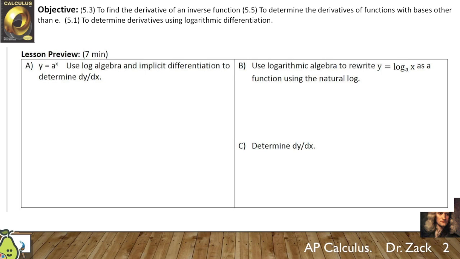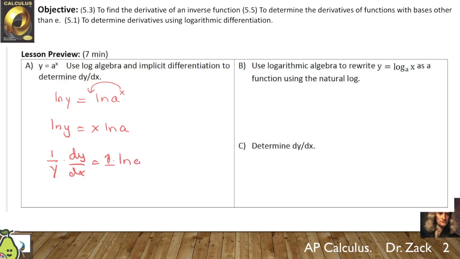For today's lesson preview, you needed to actually log both sides of your expression in order to take that exponent and drop it down in front. Once you did that, you were able to use your implicit differentiation in order to find dy dx. So the derivative of the log is 1 over y dy dx, and that's going to be equal to 1 times the natural log of a.